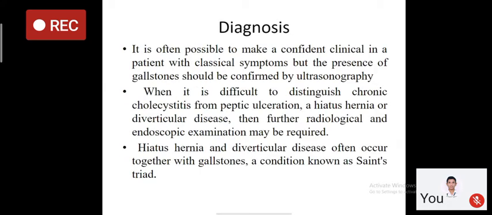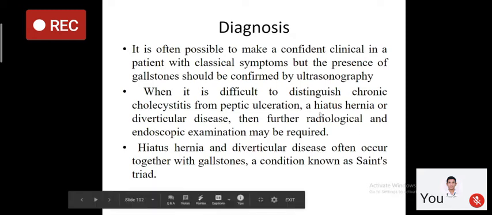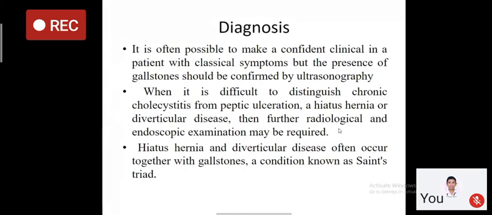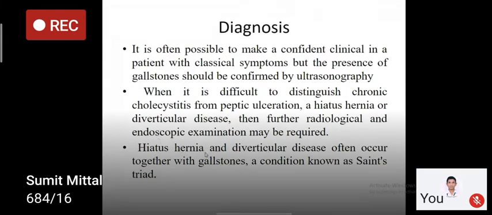You can make the diagnosis based on the classical clinical signs and symptoms and on ultrasound, and to rule out other differentials, you have to do other radiological and endoscopic examination.